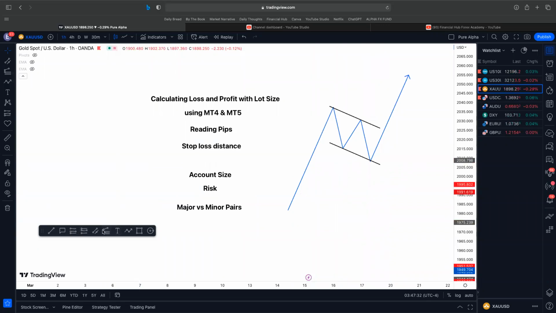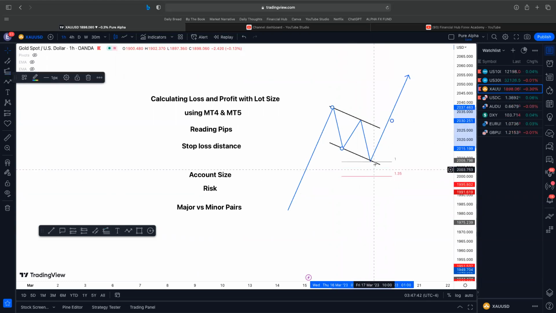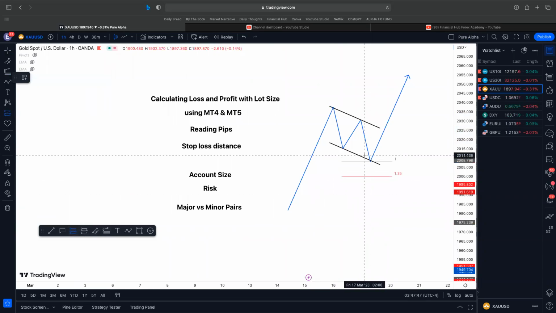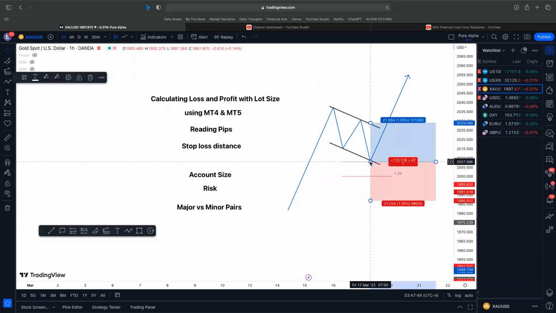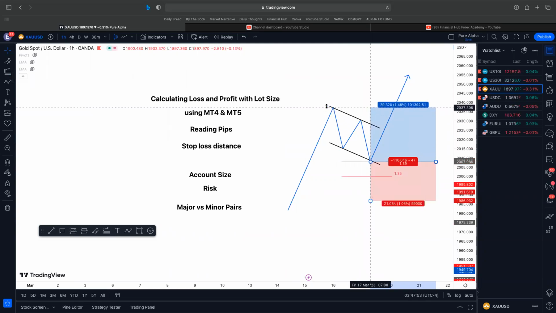Let's use our equidistance tool so that we can get to know where our stop loss is going to be. So I click on that, and then click here. So you get to see the equidistance of the flag. We want to be entering around that lower level. Let's take our risk reward tool. Our target is going to be in line with the previous high, so you want to put the previous high around there.